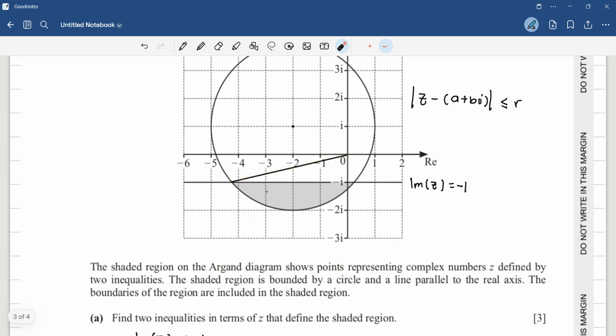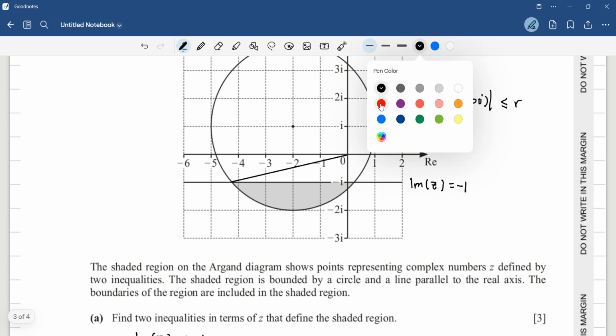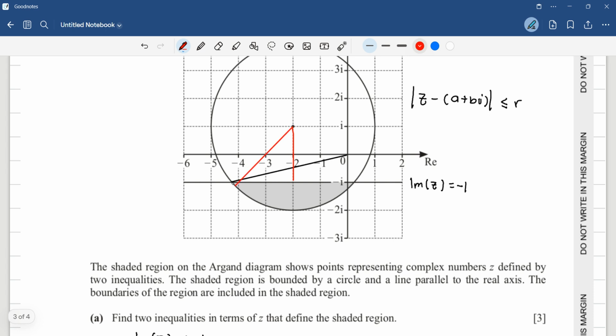We can see this is a right angle triangle, so we need to know the distance over here and also over here. I split this into two first and draw a triangle here. The distance from here to here is 2.